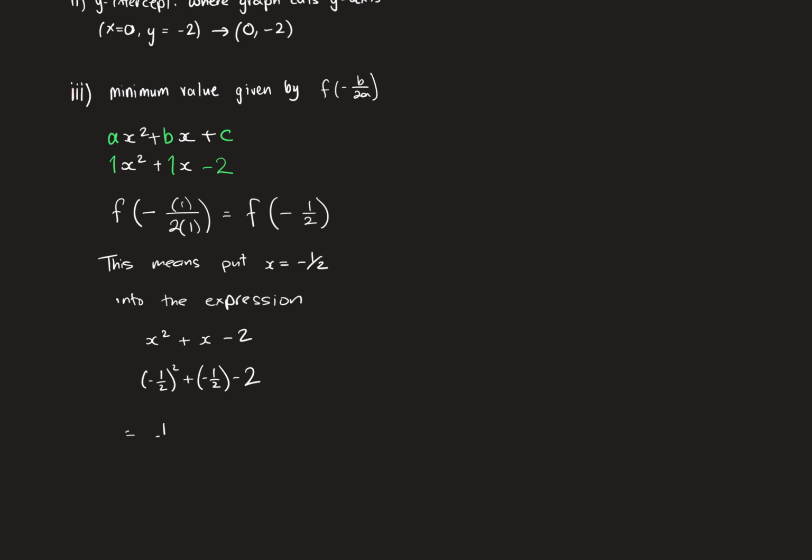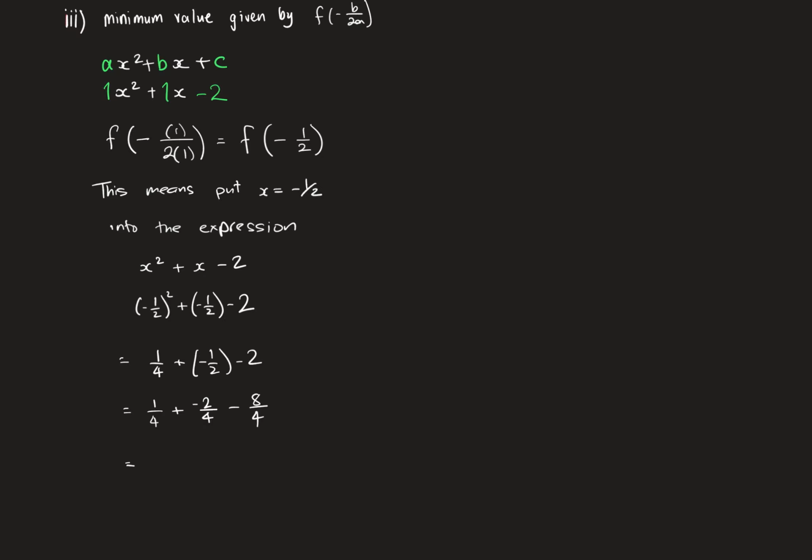That gives us 1 over 4 plus the minus half minus 2. 1 over 4 plus minus 2 over 4 minus 8 over 4. Minus 10 over 4 plus 1 over 4 gives us minus 9 over 4.